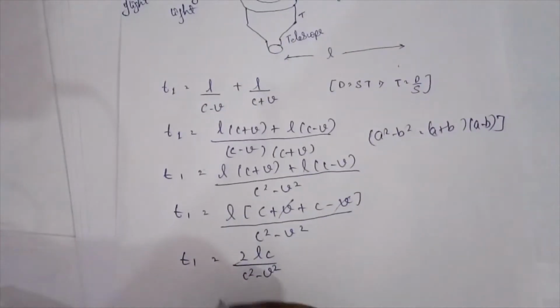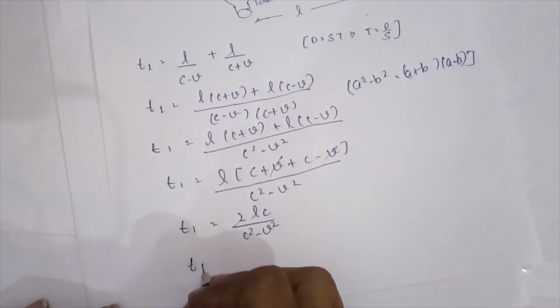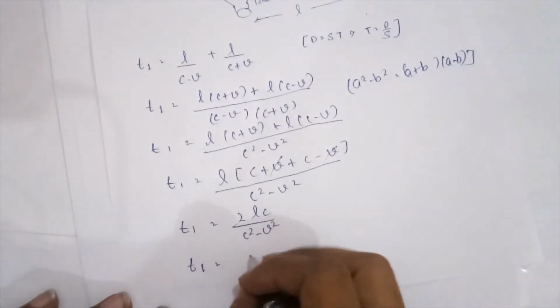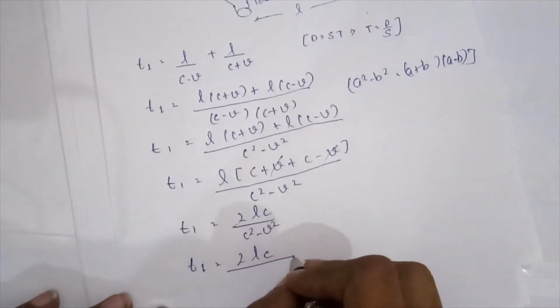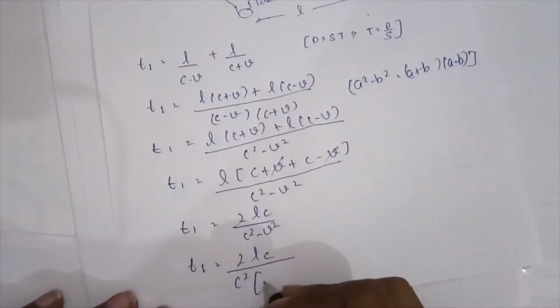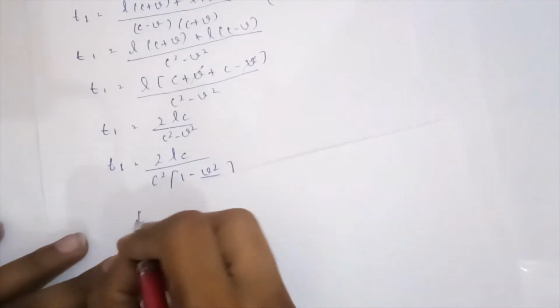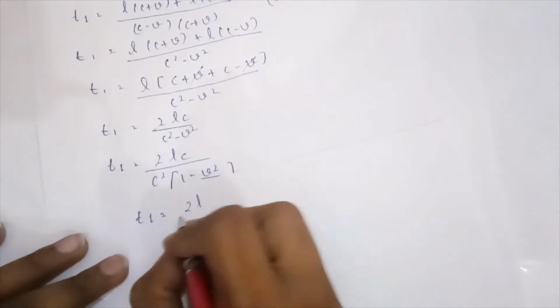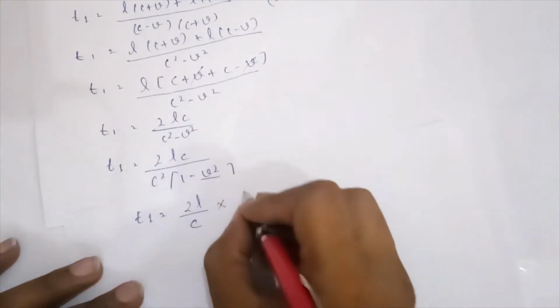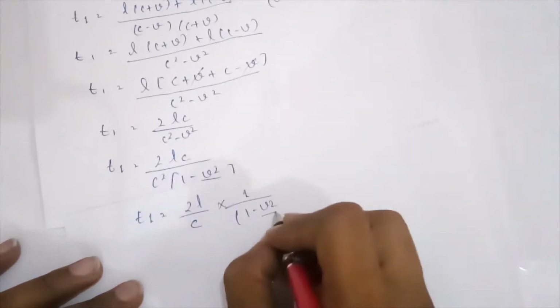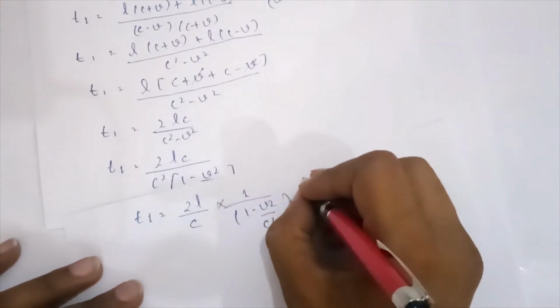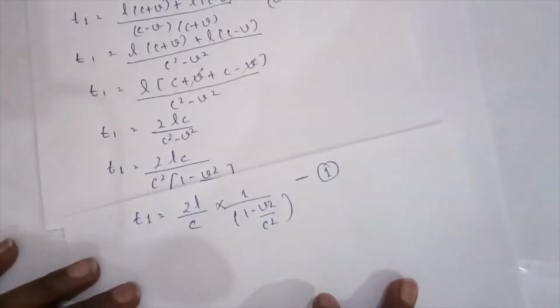Now T1 equals 2Lc upon, taking c square common, c square into (1 minus v square upon c square). From this, T1 equals 2L upon c into (1 minus v square upon c square). This is the value of T1. This is our equation number 1.